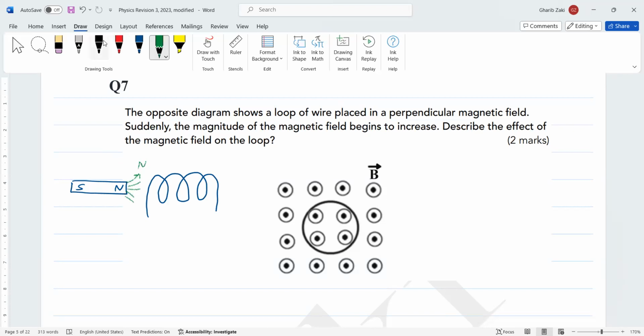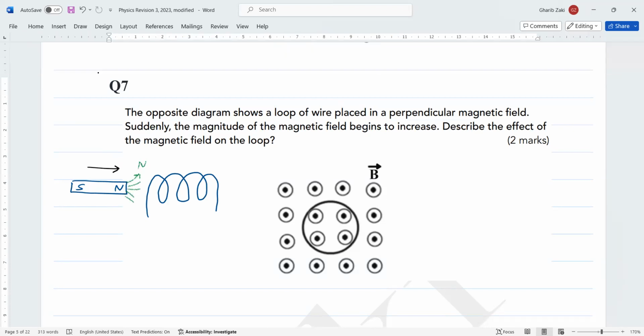When the magnet moves towards the coil, before the magnet goes inside the coil, when the magnet just moves toward the coil, EMF is induced in the coil, which produces the induced current.